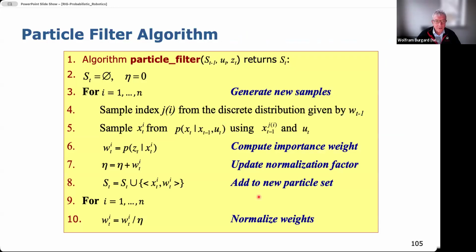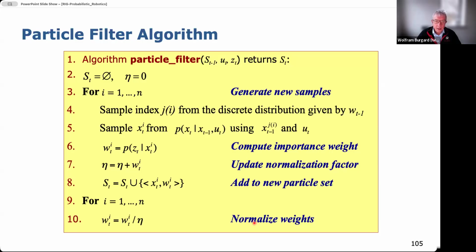And here we go, here's the algorithm. The first step is to sample from the motion model. Then compute the importance weight. We also need to normalize these particles, so we are updating the normalization factor, and in the very end we normalize the weights so that we have a sum of 1 for all the particle weights.